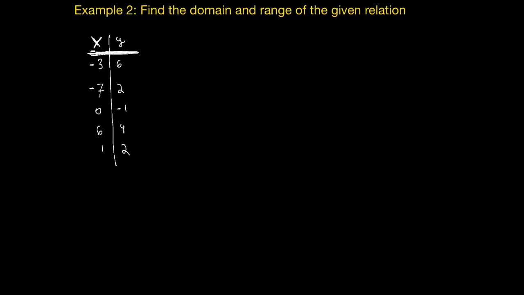We can also get the domain and range from a table. Here we have all of our x values, and all of these x values are part of our domain. So let's write that down. Domain is x equals, and again we put curly brackets here to identify that we're presenting a collection of items, in this case the collection of all of our x values.